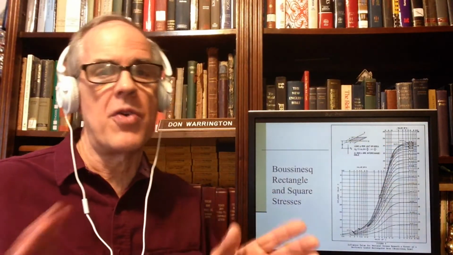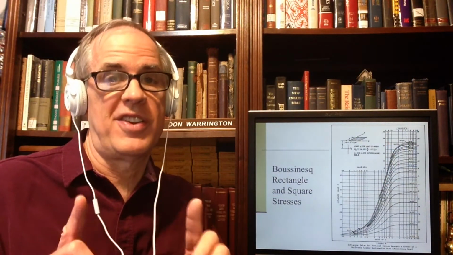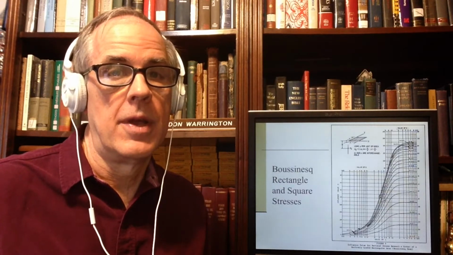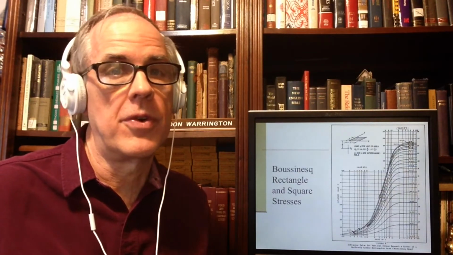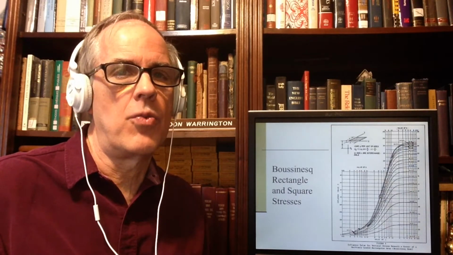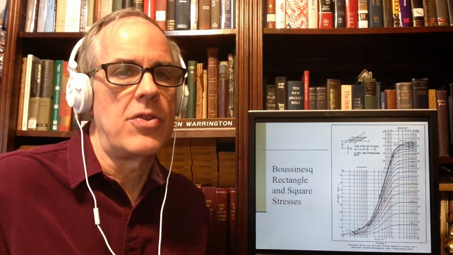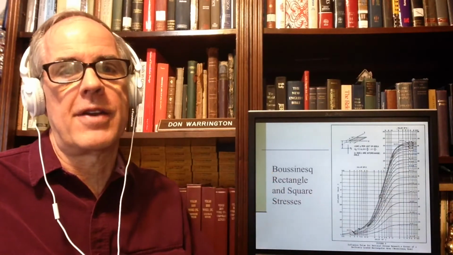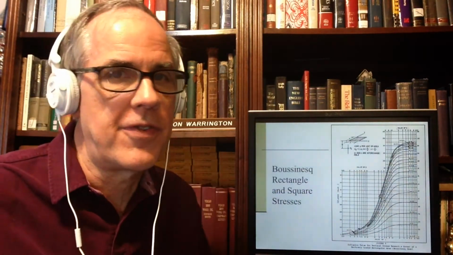And it doesn't really matter which way you do it, as long as you're consistent. Again, we've got superposition going for us, so you should get the same result no matter which you pick for x and which you pick for y. As long as you're consistent between the two of them and you're doing multiple foundations, you're fine.